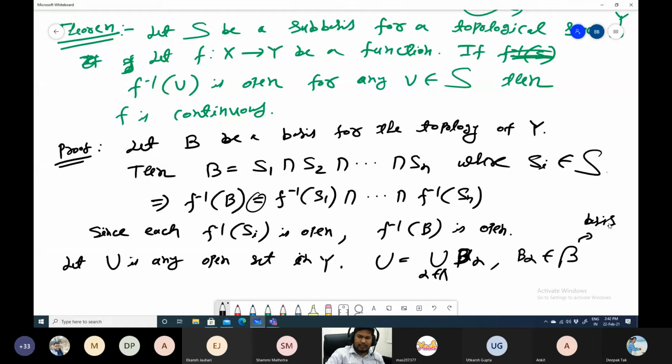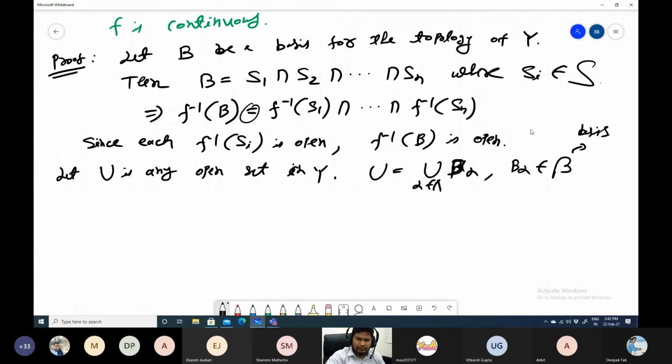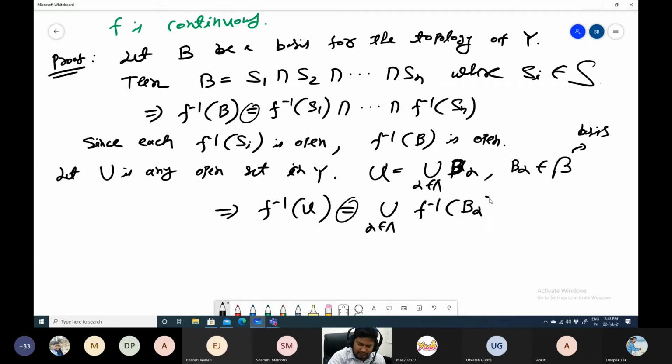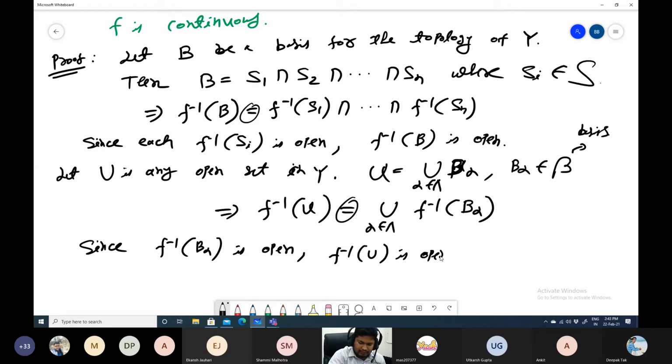Now that implies, again, f inverse U is the union of f inverse B alpha, again we have this equality. Since each f inverse B alpha is open, therefore f inverse U is open in X. So that implies f is continuous.